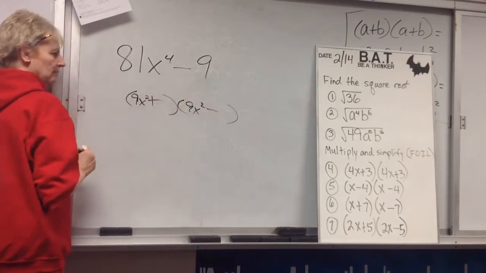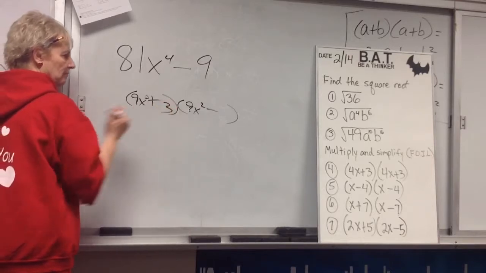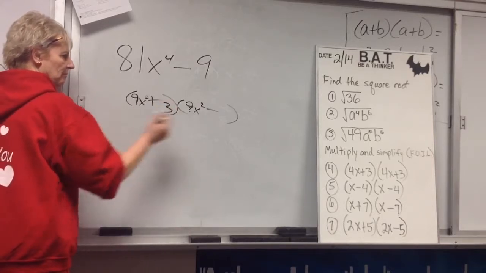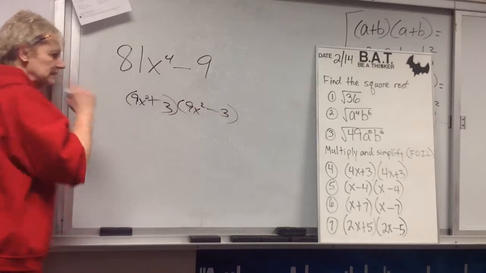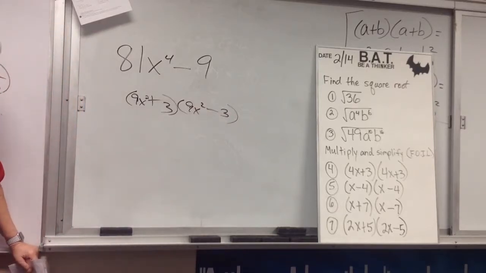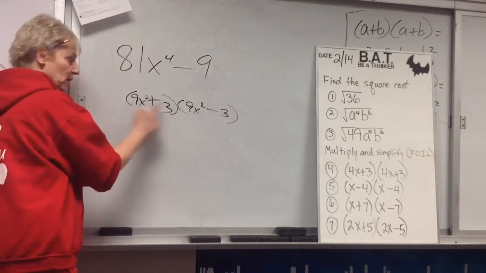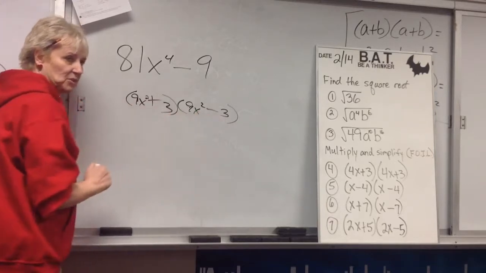Then 3 and minus 3. Now, this problem is done because this is not a perfect square, and that's not a perfect square.